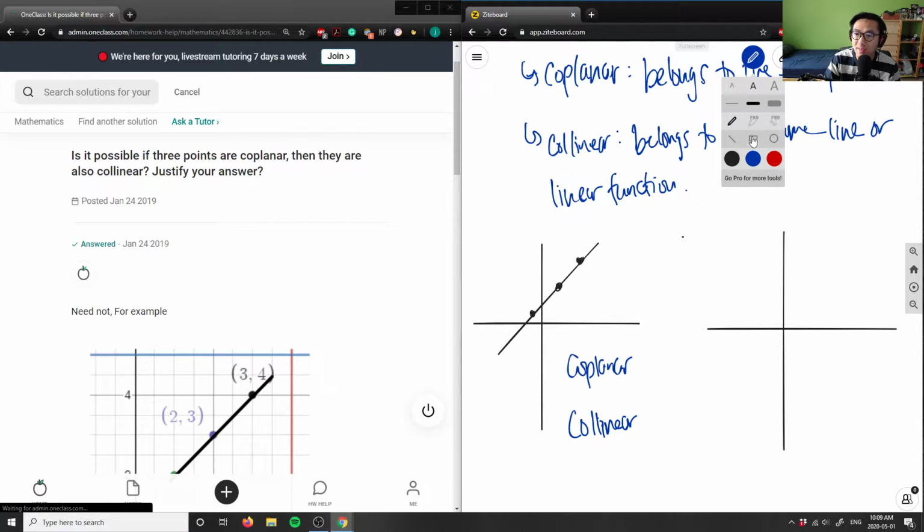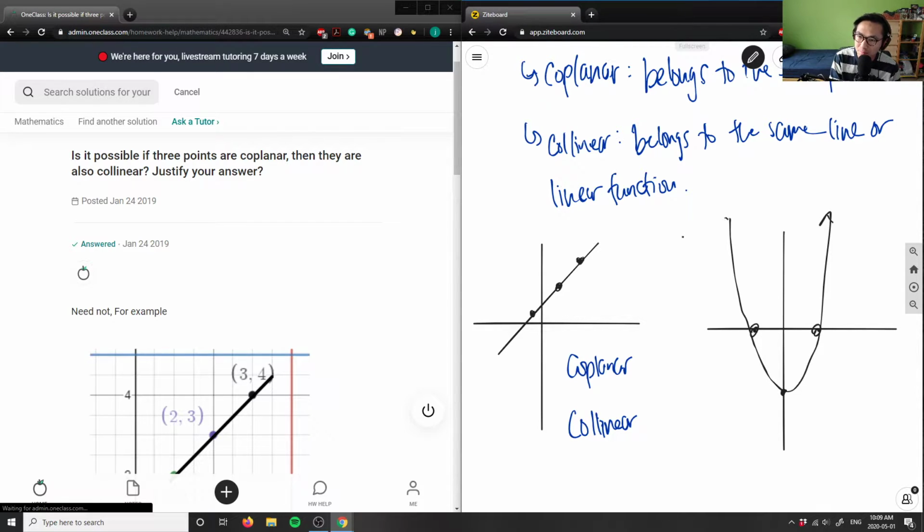However, what if I had something like this? Like if I had this graph like that. This is still coplanar, right? These guys here are still coplanar. However, these are not collinear now, right? Because they don't belong to the same line or function.